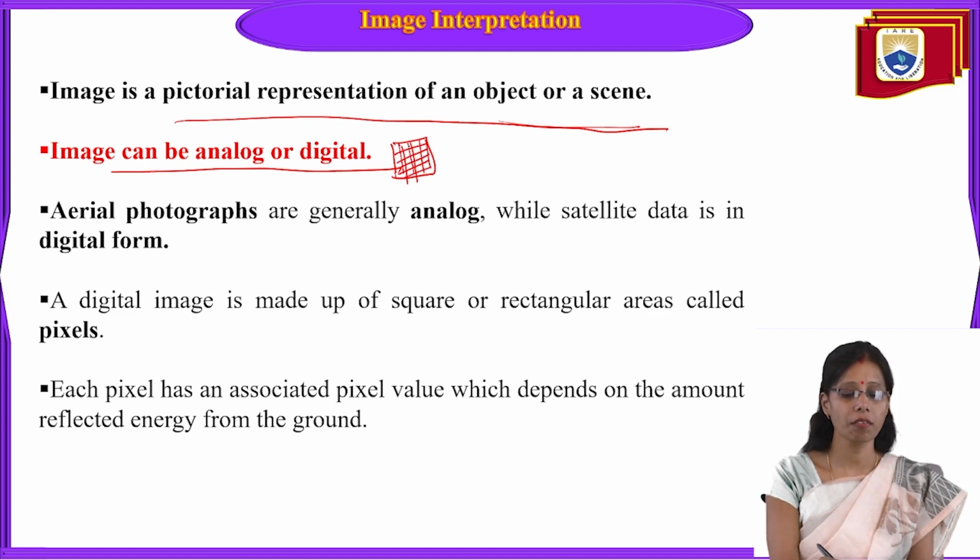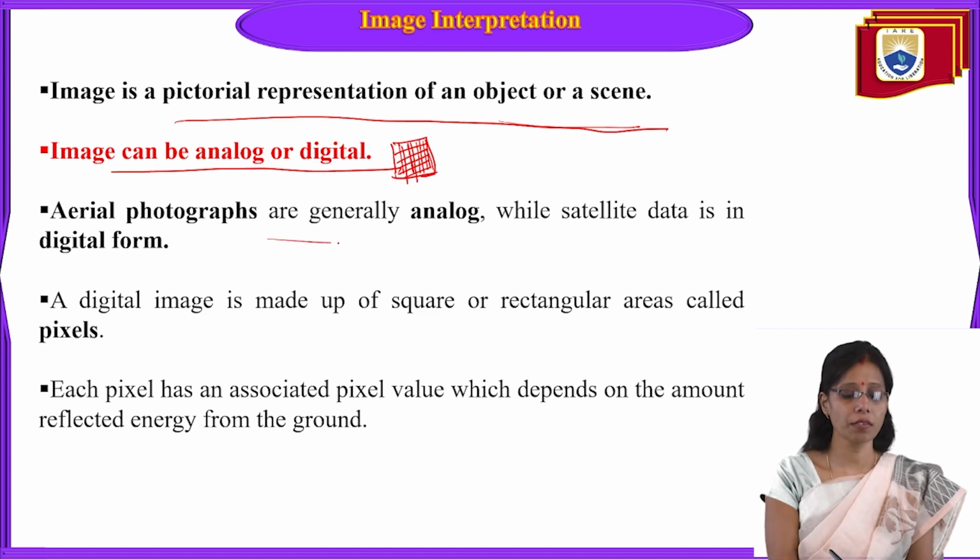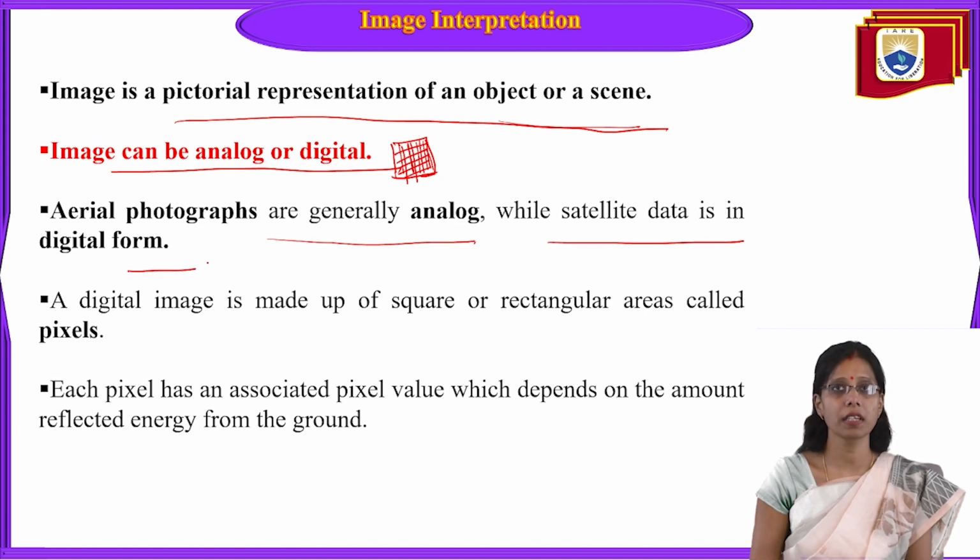All the data having pixels is called digital data. This digital image can be identified, and the visual analog image also can be identified. Aerial photographs are generally analog, while satellite data is in digital form.